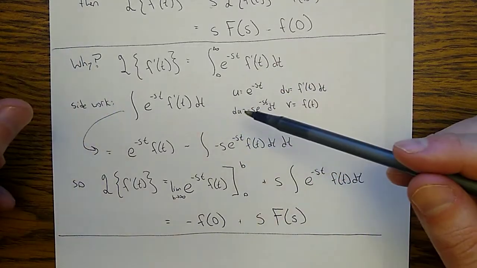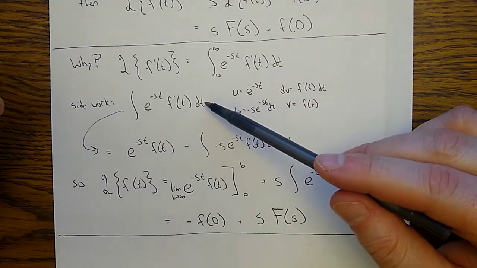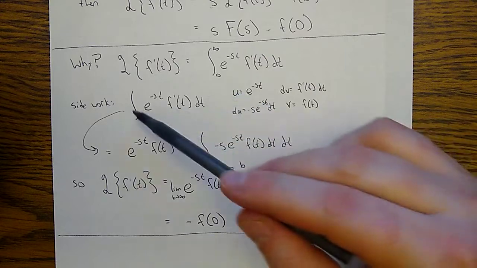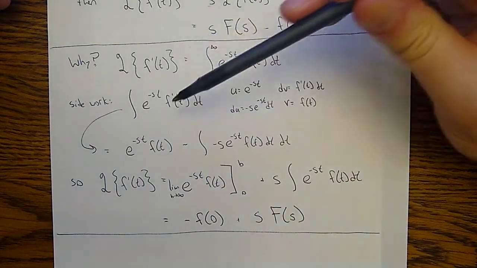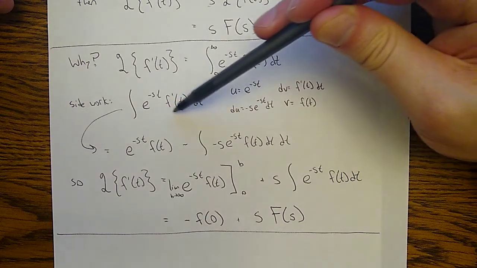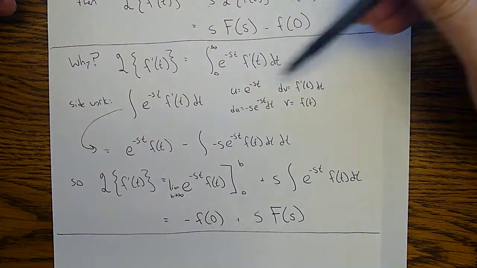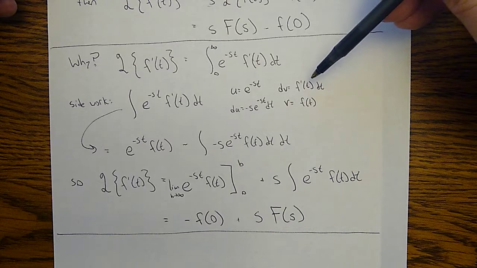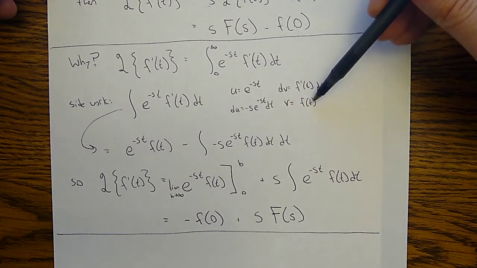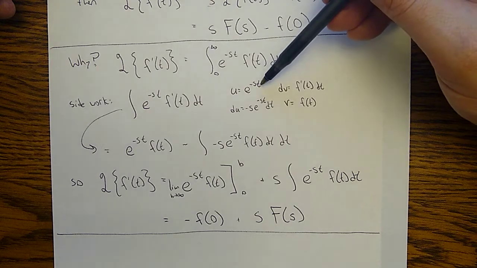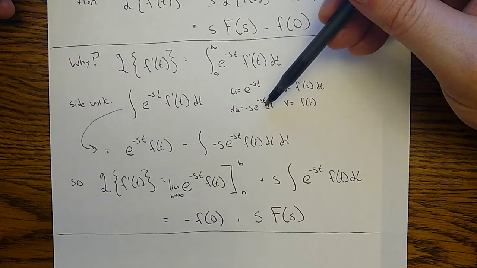I can go off to the side and do integration by parts. A smart choice is to let dv be f prime of t, because that way v would be the antiderivative, which is just f. Meanwhile, I'm going to make u the other part, which makes du whatever it is, which is this.